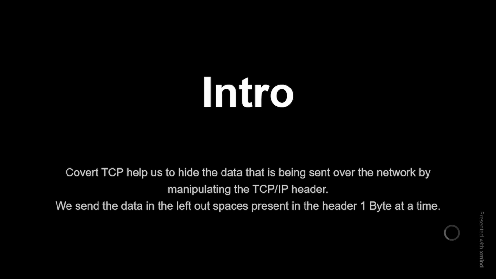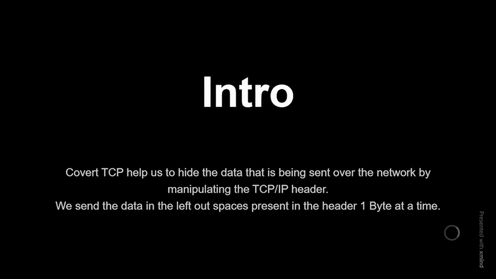Our data is appended and sent to the destination host 1 byte at a time, so that any tool that is sniffing the traffic cannot identify that any payload or any data is being sent in the traffic. So how are we going to perform it?